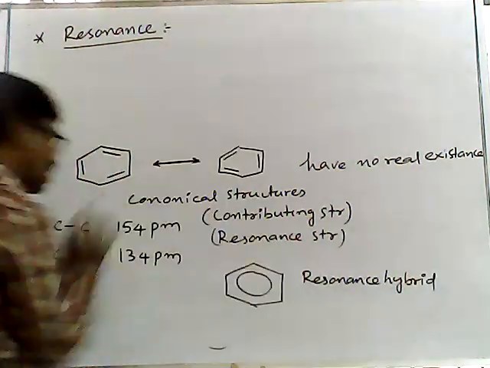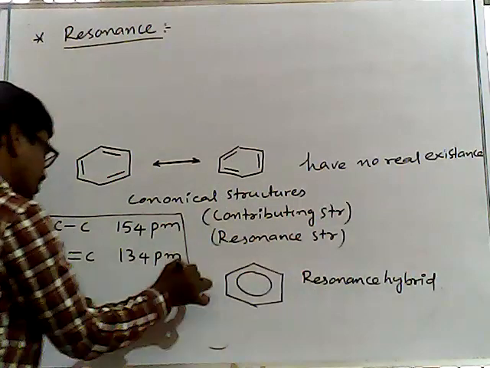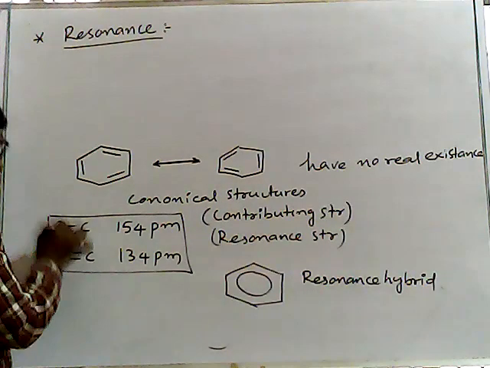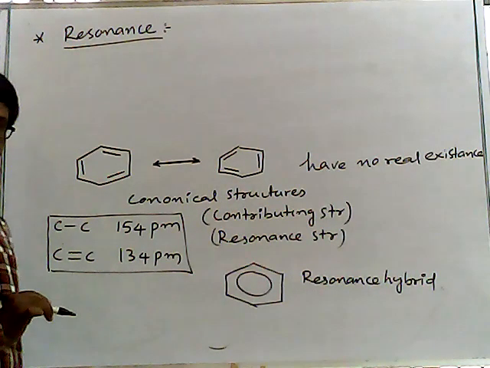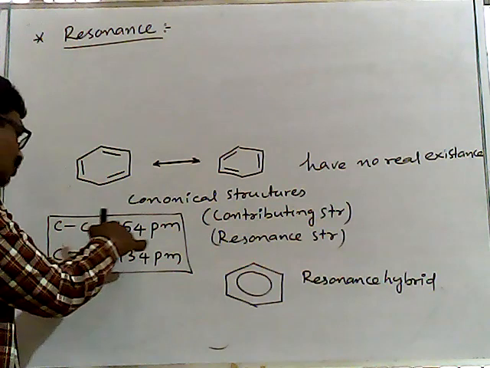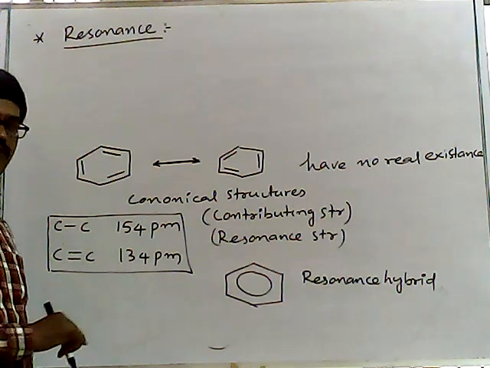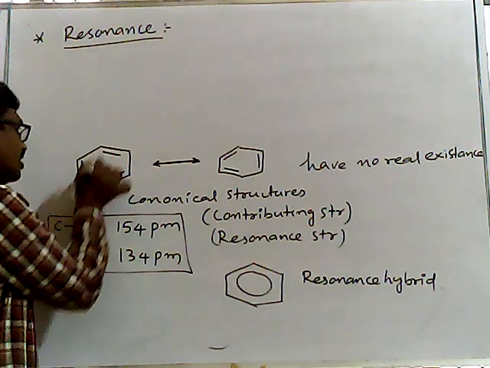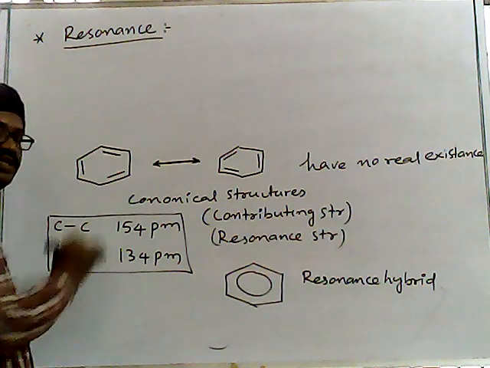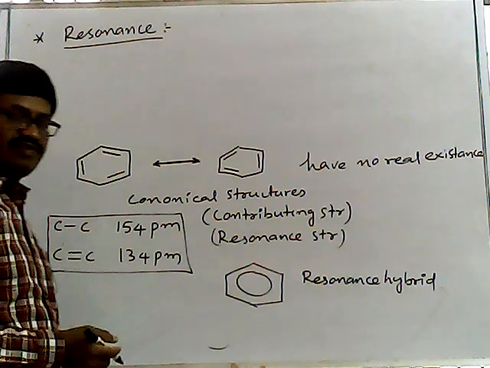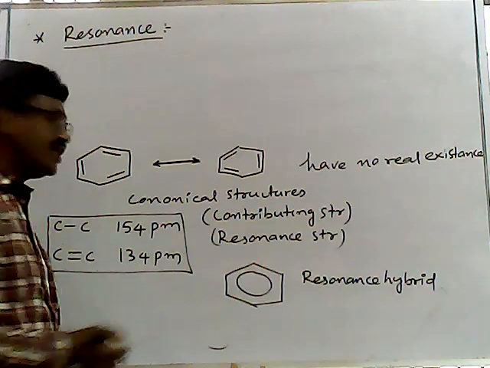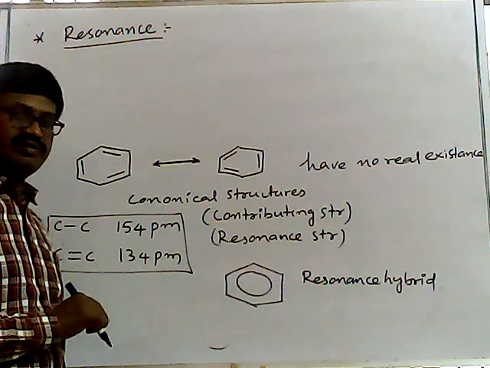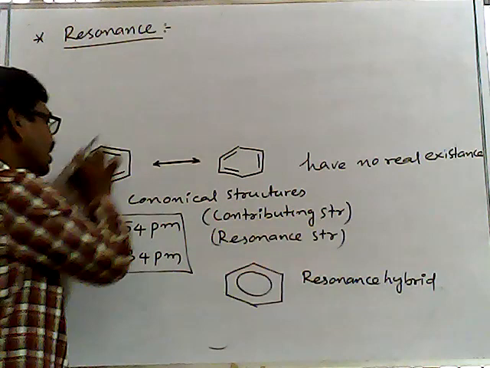But as per experimental findings, in benzene we don't have these bond lengths. The 154 picometer bond length and 134 picometer bond length are not possible for benzene, because these single bonds and double bonds are interchanged frequently. So we can't get a single bond or double bond, and we can't measure single bond length and double bond length.